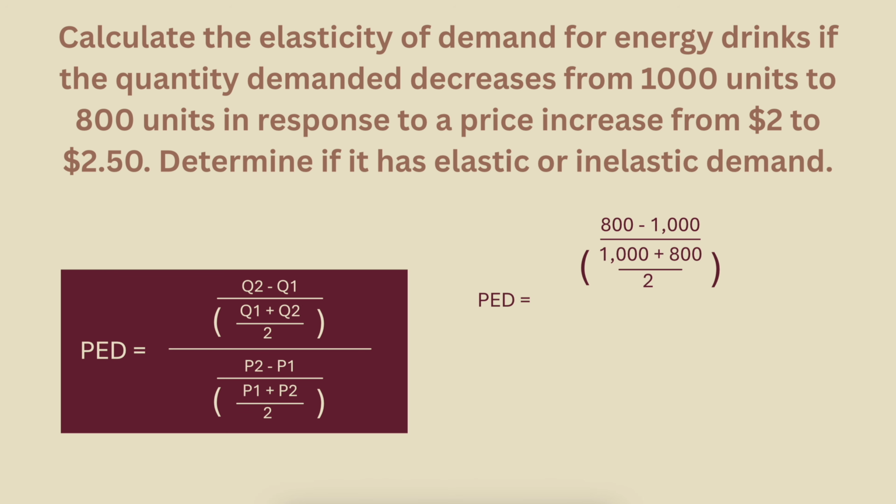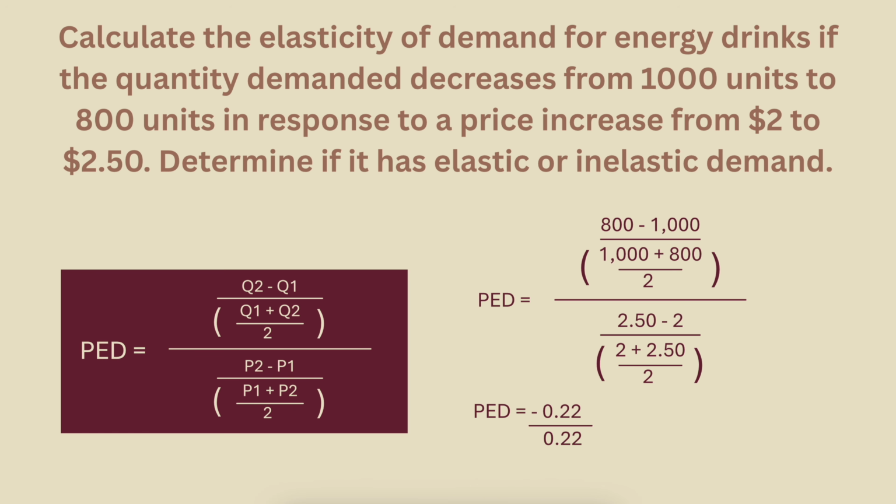All of this over the new price minus the old price, which is 2.50 minus 2, over P1 plus P2, which is 2 plus 2.50, divided by 2. The top half simplifies to negative 0.22. The bottom half simplifies to 0.22. 0.22 over 0.22 equals 1. So the demand for energy drinks is unitary, or unit elastic.